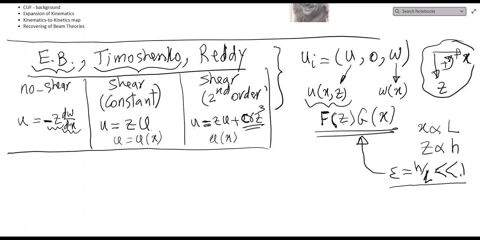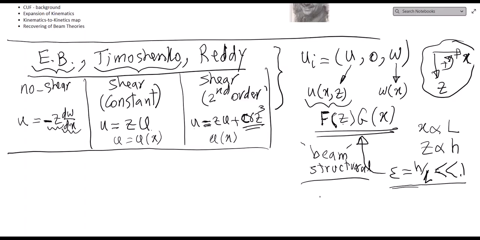And this is the whole mathematical foundation of a structural beam. A structural beam benefits from this.